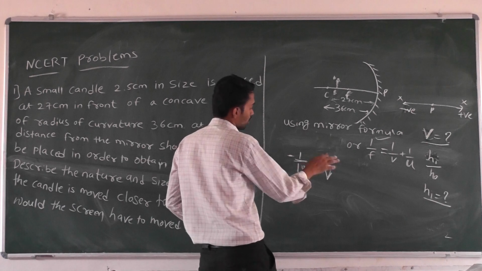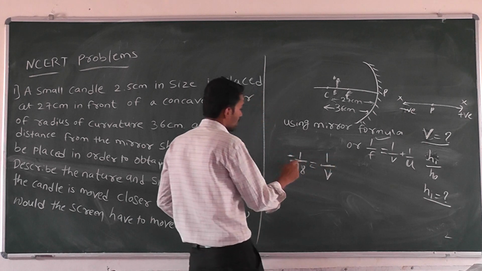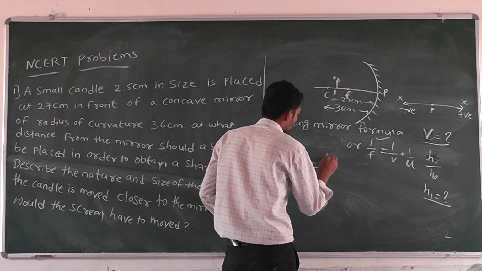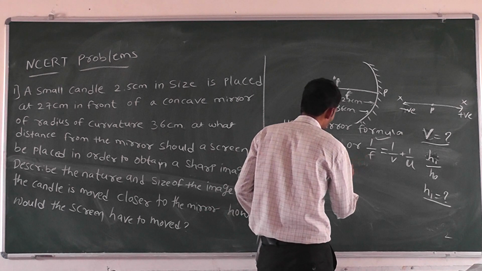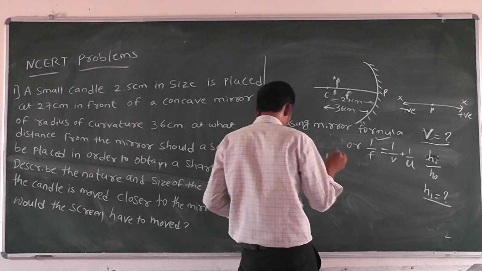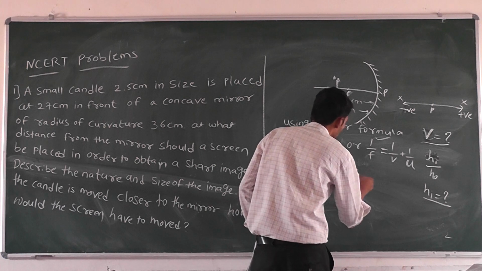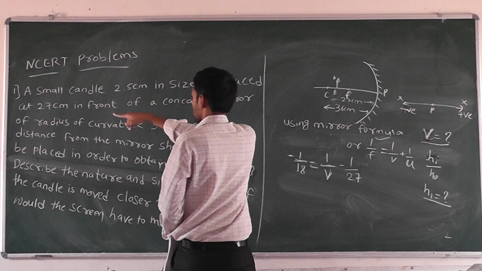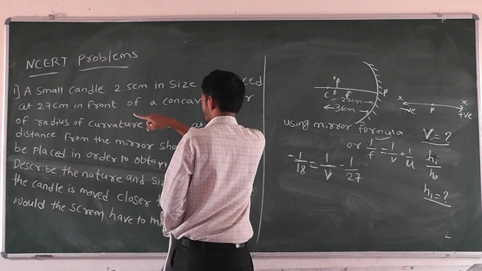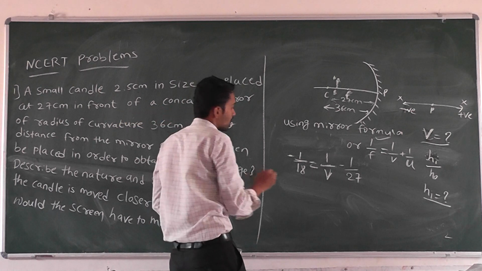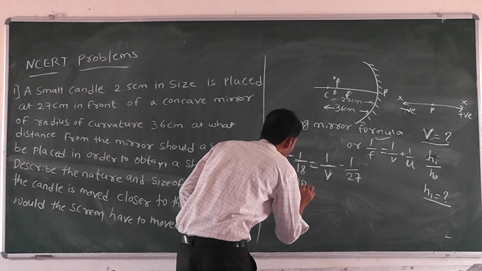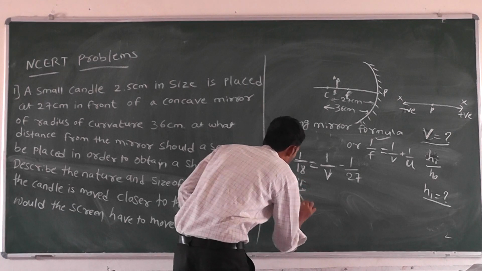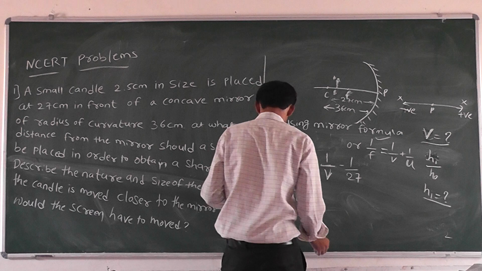1 by focal length, 1 by 18, is equal to 1 by v plus 1 by u. What is the u value? U is the object distance, 1 by 27. The object distance is minus 27, because the object is placed in front of a concave mirror.